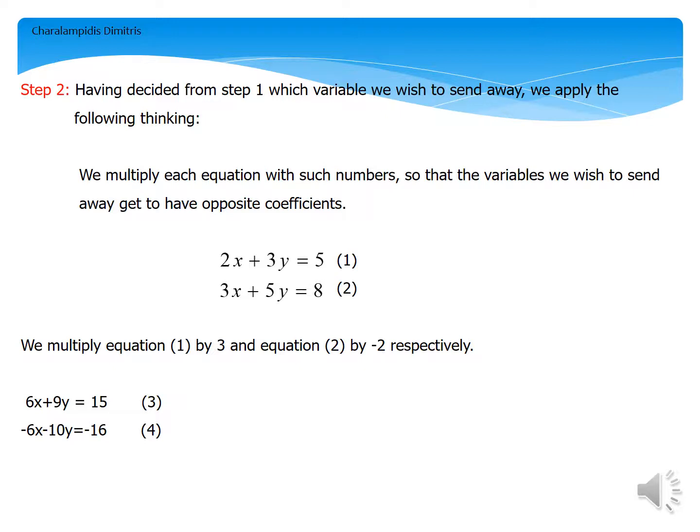But since we want to have opposite coefficients, we will decide to multiply the second equation by negative 2. This new multiplication will indeed bring us a new fourth equation, which will be negative 6x minus 10y equals negative 16.